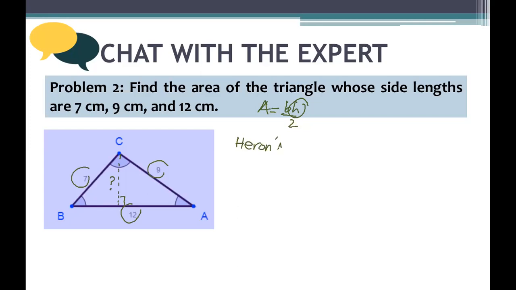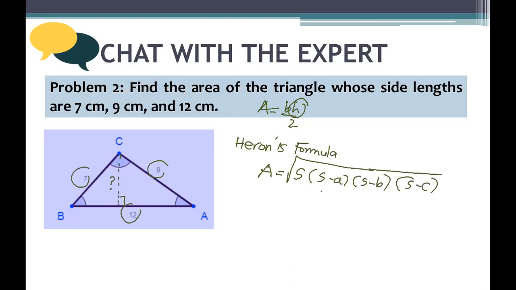Now, what is Heron's formula? Heron's formula is area equals square root of S times S minus A times S minus B times S minus C. Now, what is S?